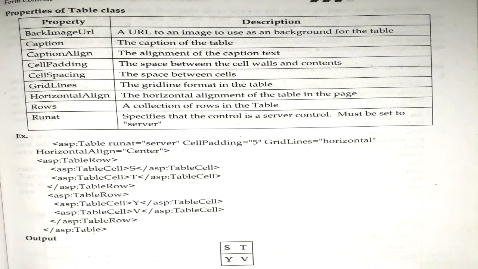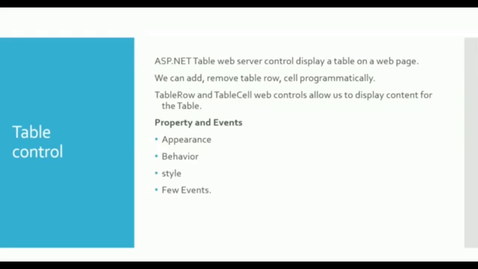So the first row's first column contains S, and the first row's second column contains T. To create the cells we have used the table cell element, asp:TableCell. So like that you can create the second row, and once you are done with the table, just close the table tag. And next we will see the example, how to practically create the table.